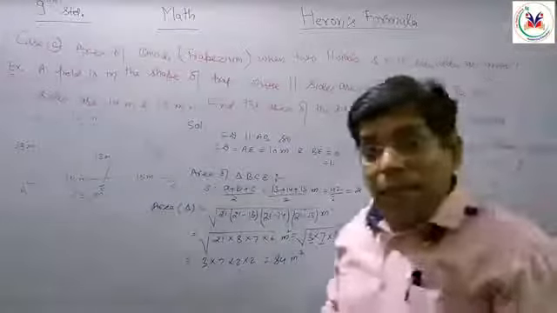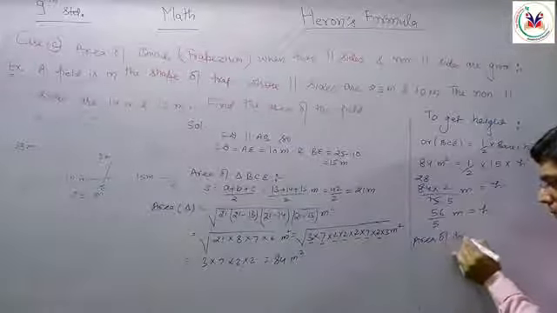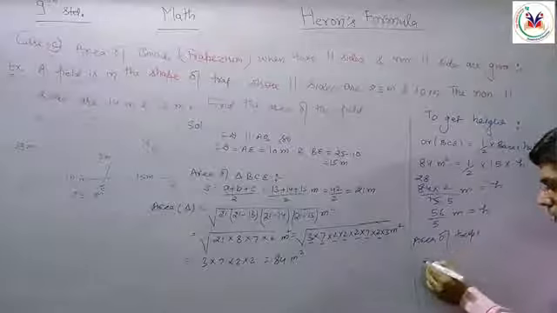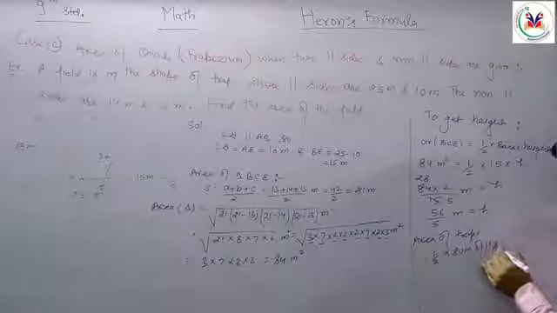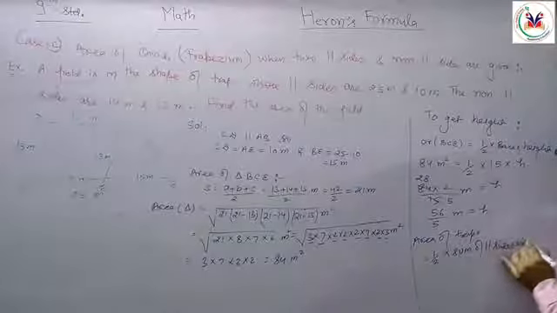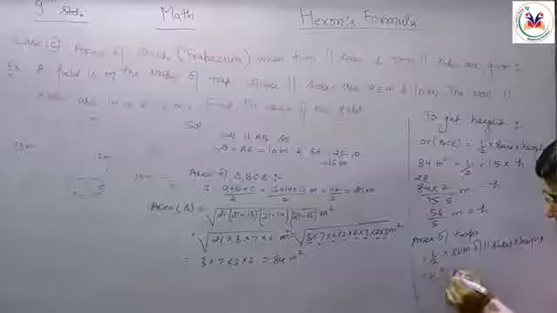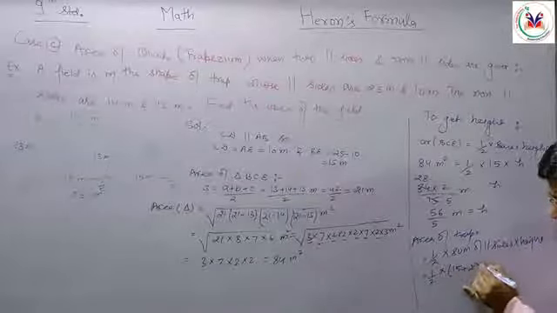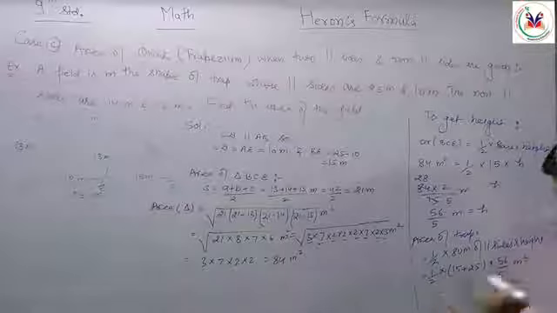As soon as we get the height, now area of trapezium equals half sum of parallel sides into height. Now the sum of parallel sides, that is 15 plus 25, and height is 56 upon 5 meter square.